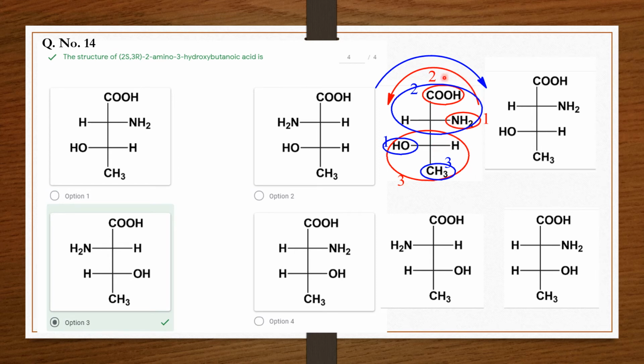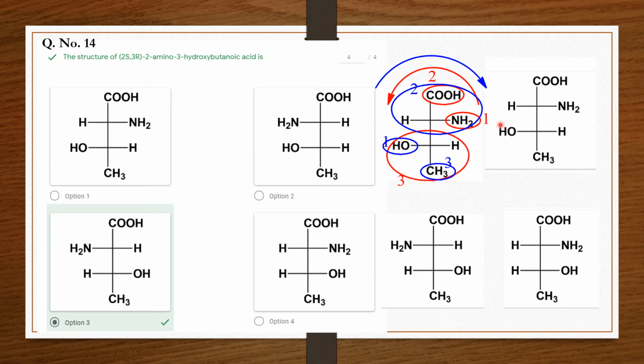The second priority will go to COOH, because this carbon is attached with carbon. Here also it is attached with carbon, but here it is attached with two oxygens, whereas there it is attached with only one oxygen and carbon. So the second priority goes to the COOH group, the third priority goes to the group marked in red, and the fourth priority goes to the hydrogen.